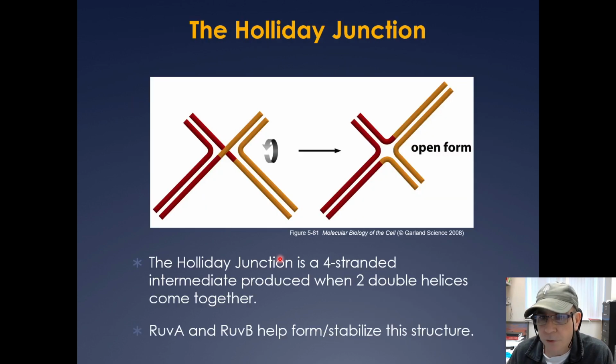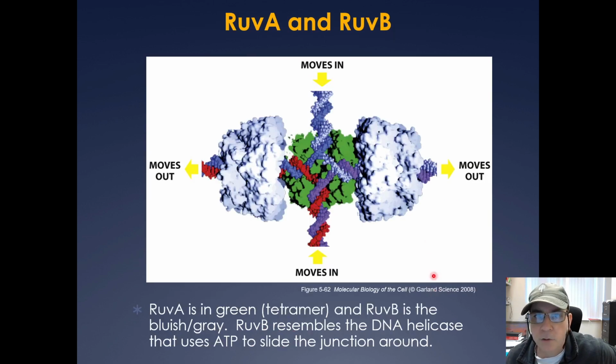Ultimately, when it's repaired, what you temporarily get is a Holliday Junction. A Holliday Junction is a 4-stranded intermediate produced when two of the double helices come together. Proteins that help stabilize this Holliday Junction are called RuvA and RuvB. Here is what RuvA and RuvB look like in this nice model.